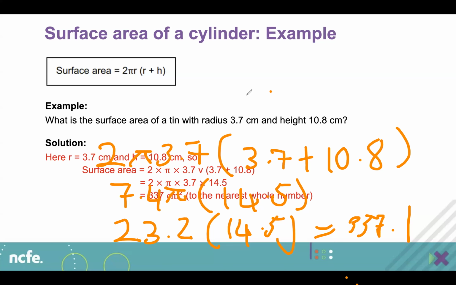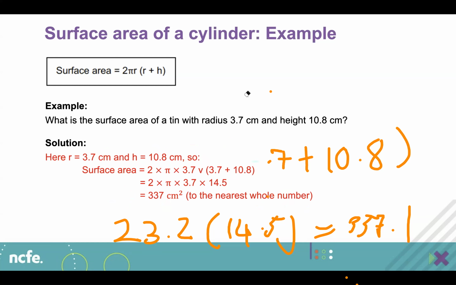The nearest unit would be 337. So also 337.